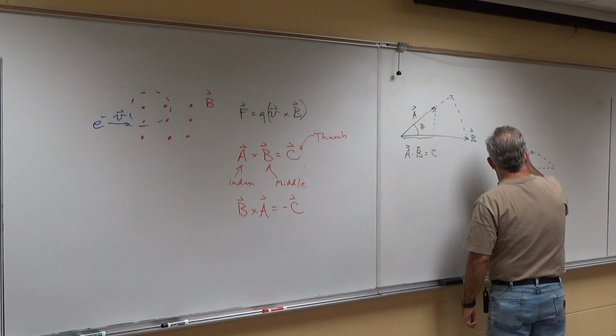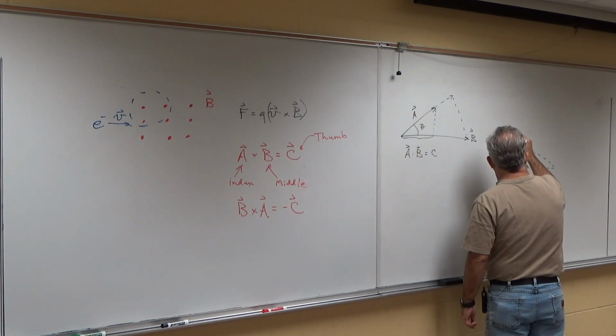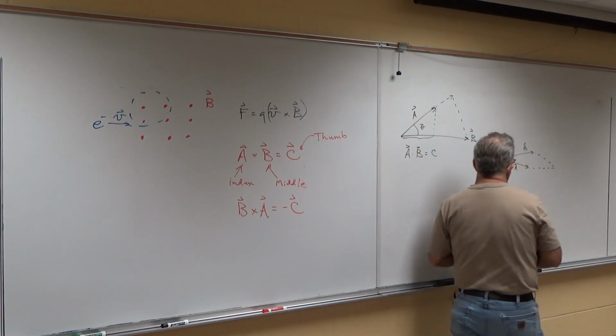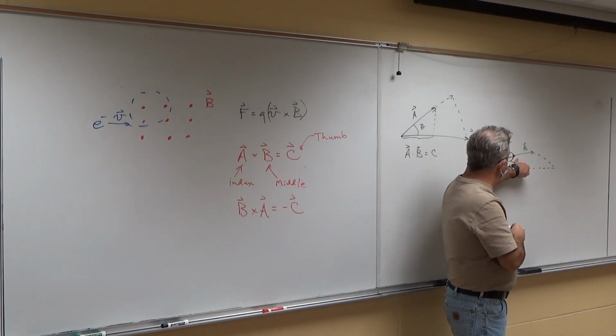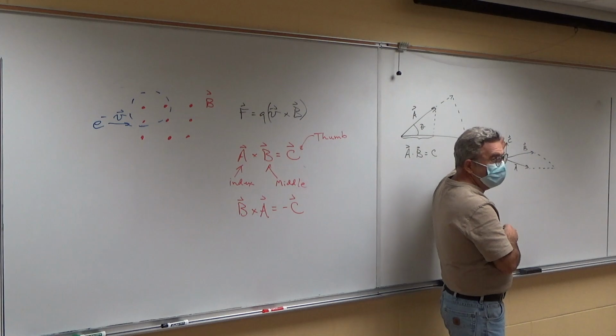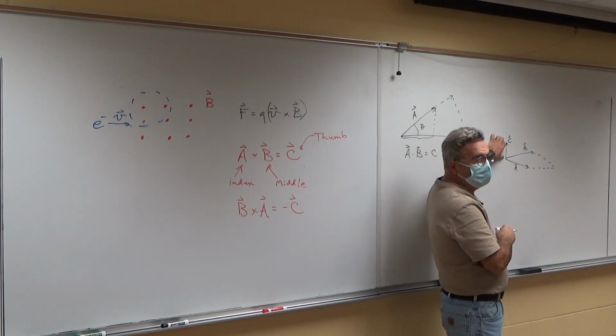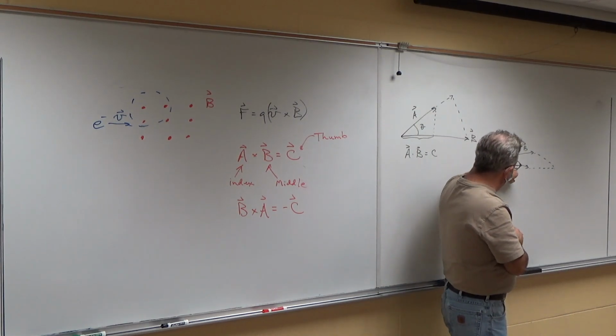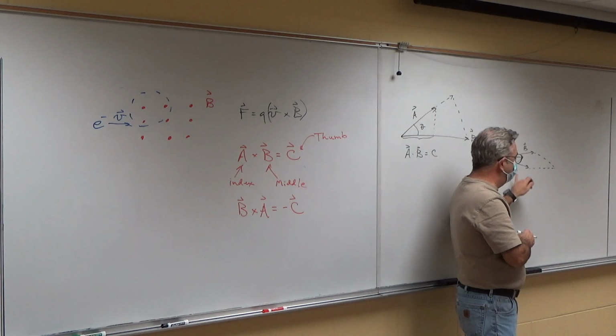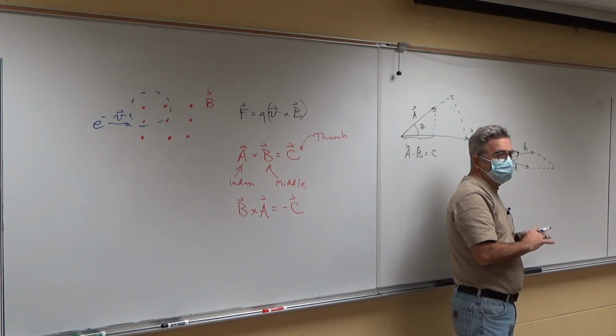C, the resultant, would be here. The area of this parallelogram is the length of C for the cross product, and this vector C is perpendicular to the plane formed by A and B, or normal to the plane.